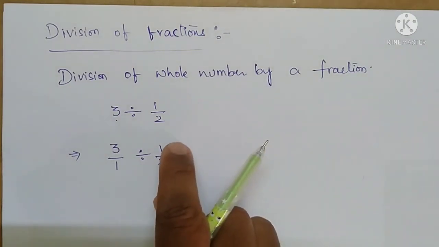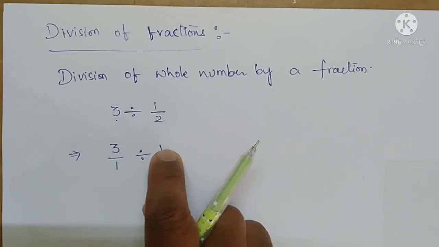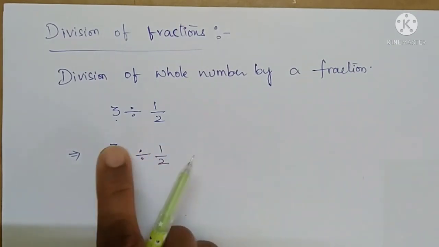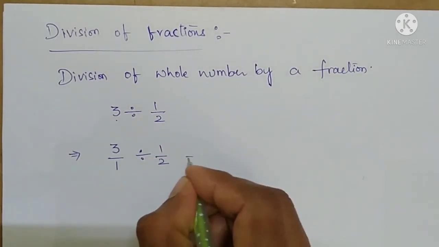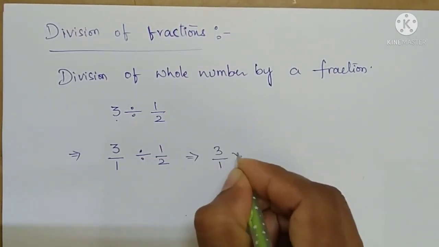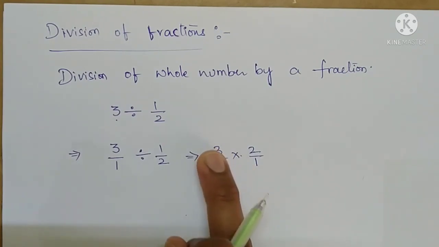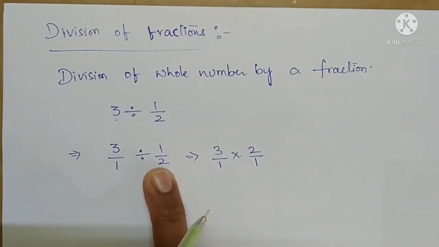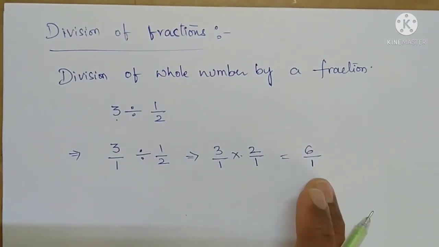The reciprocal of 1 by 2 is 2 by 1. So multiply 3 by 1 into 2 by 1. That is equal to 6 by 1. This is your final result.